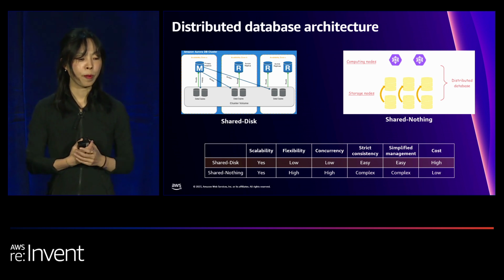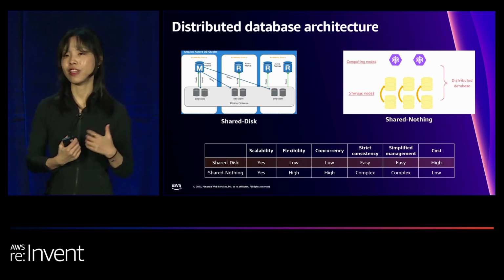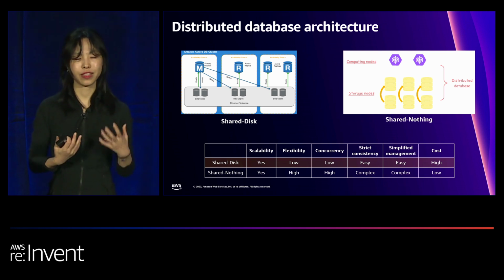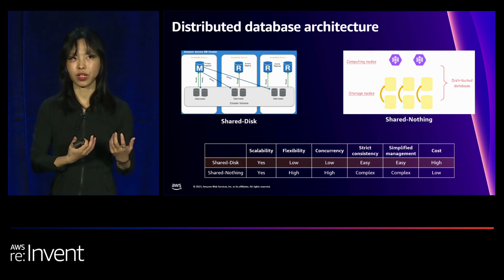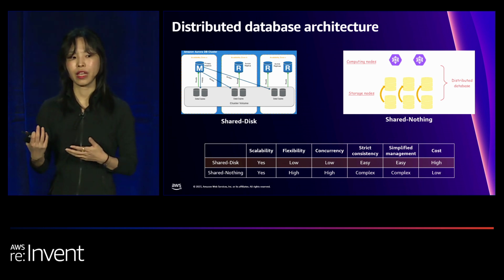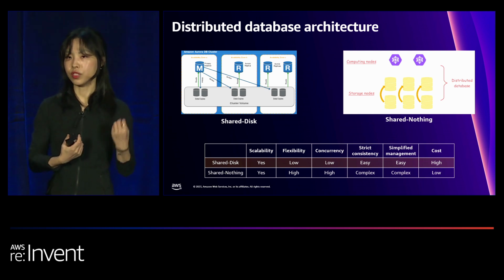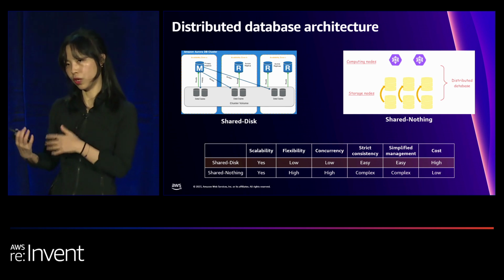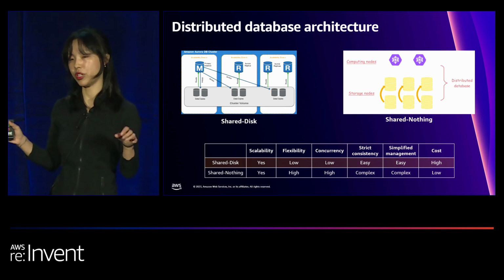Each type of architecture has its pros and cons, and I gave this table below. For example, we can see that shared nothing gives us a lot of flexibility because it's really like Lego. We use Lego to maybe create a house or a tree, and here we can use different computing nodes plus different storage nodes, because they are all independent from each other, right?